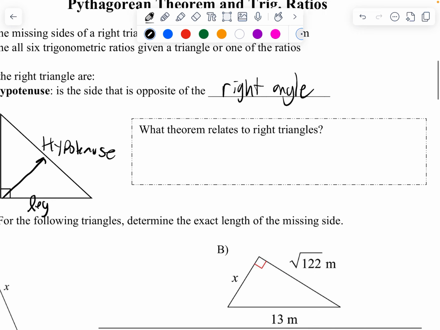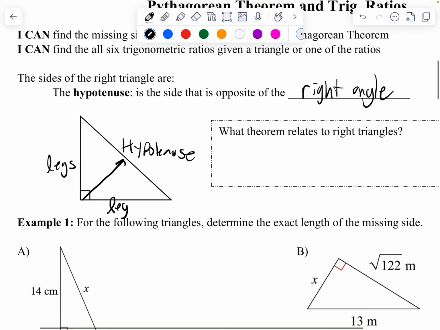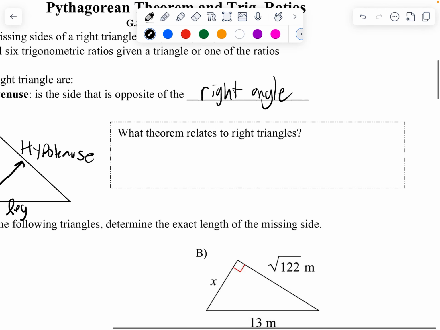All right. So when we're talking about what theorem relates to right triangles, well, for sides specifically, we're going to call that the Pythagorean theorem. I'm going to abbreviate that, THM. Now, when you're looking at this, I'm going to write it hopefully a way that is familiar to you.